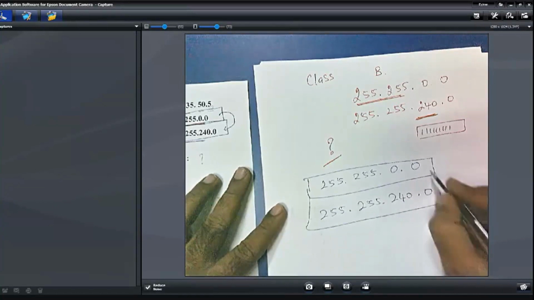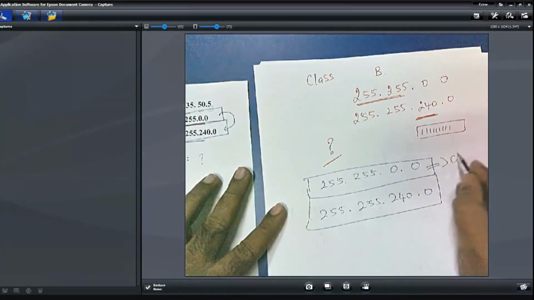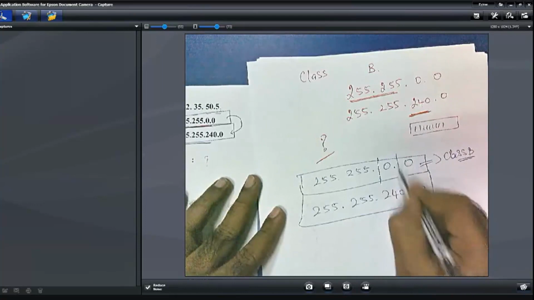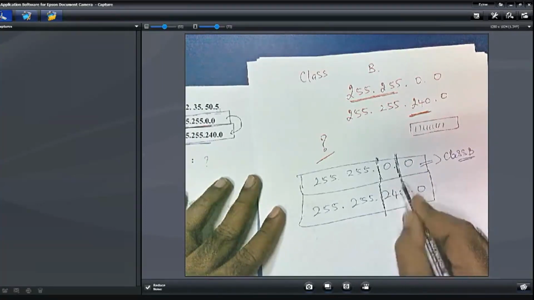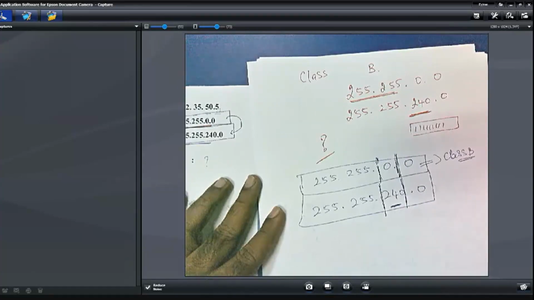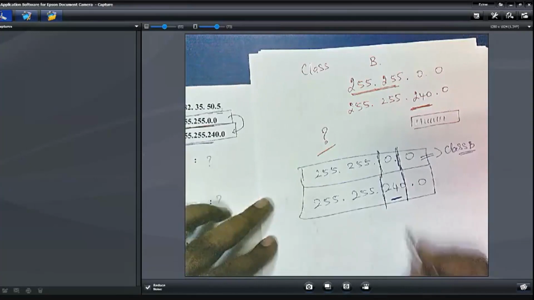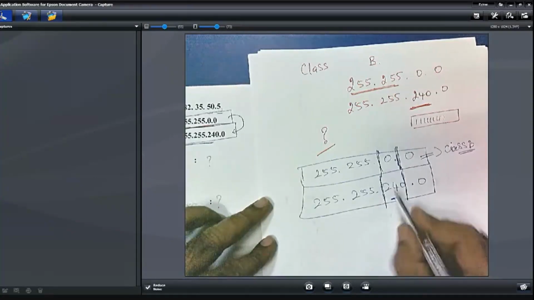So that means this is class B. In this class B, they borrow something here. That's why this is becoming 240. Now, how many bits if you make one here will you find 240?